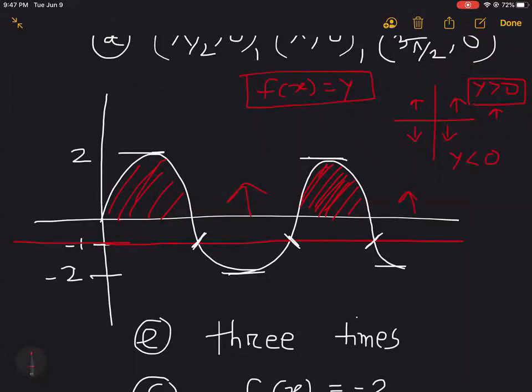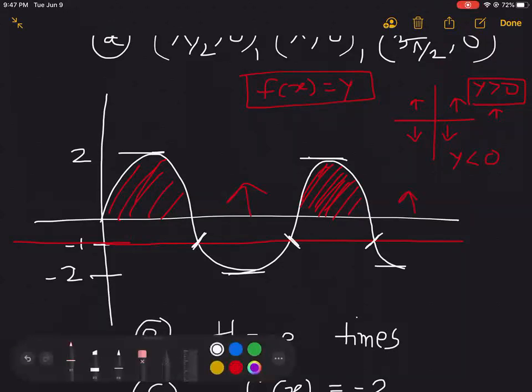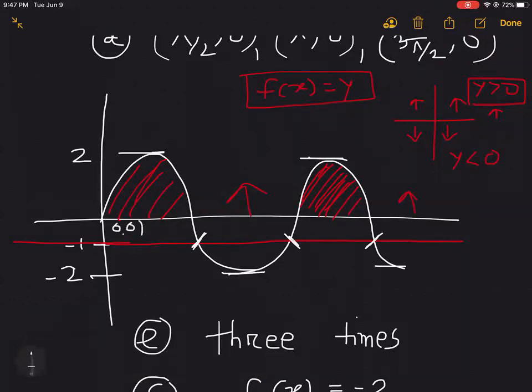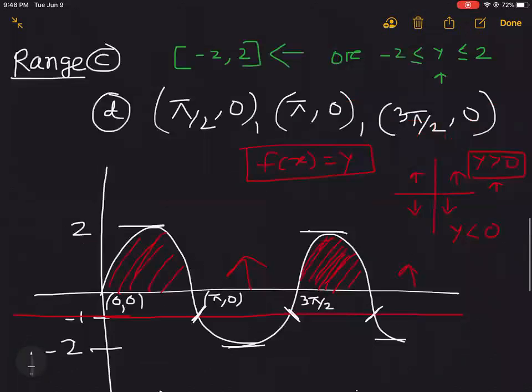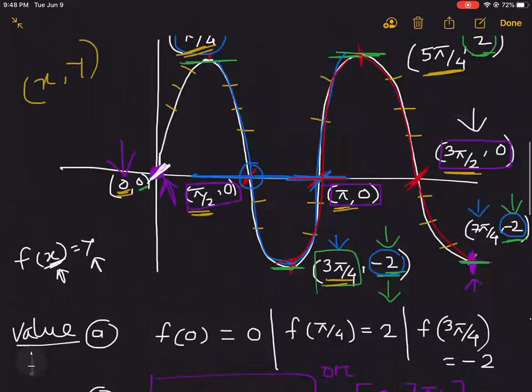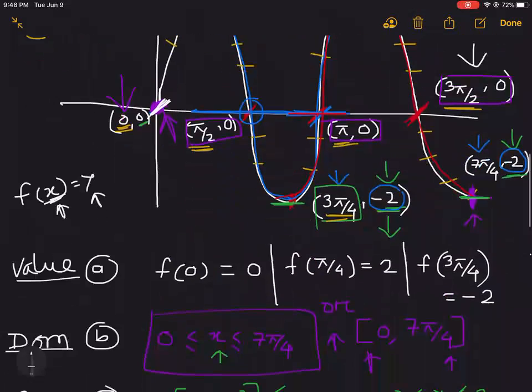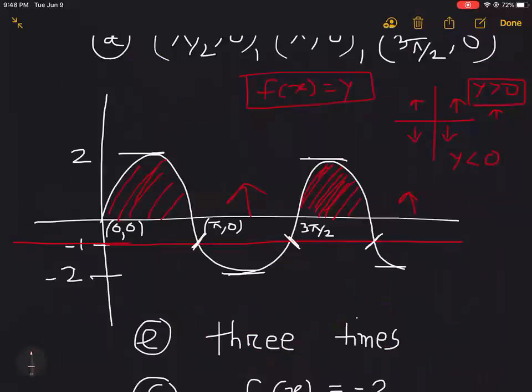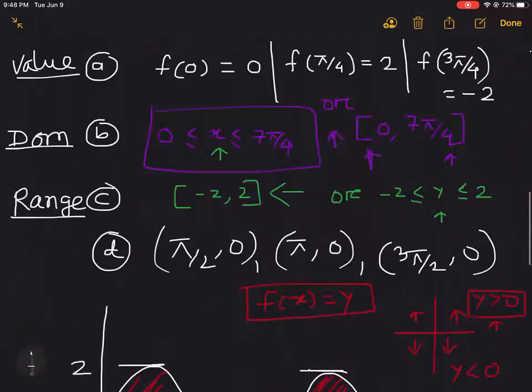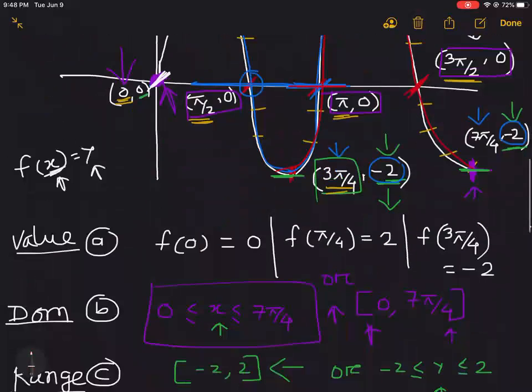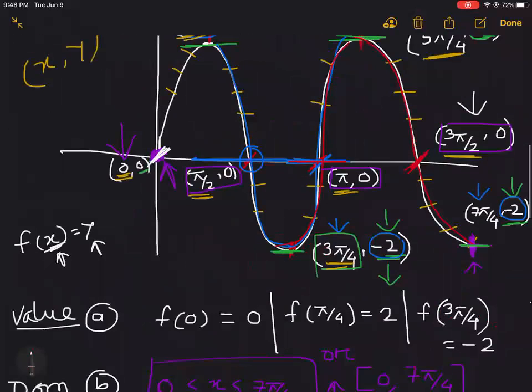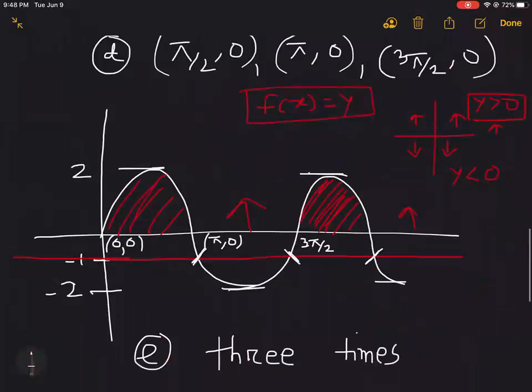And this is 0, 0. This is pi, 0. This is 3 pi over 2, right? Am I doing it wrong? Let me see. Yeah, 3 pi over 2. 3 pi over 2, okay. Yeah, that's right.